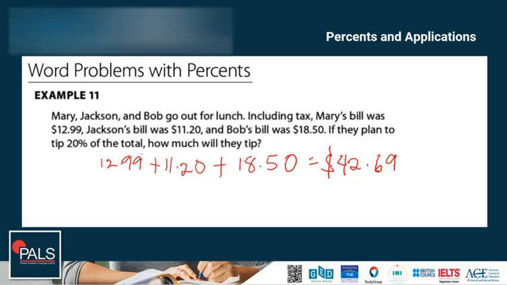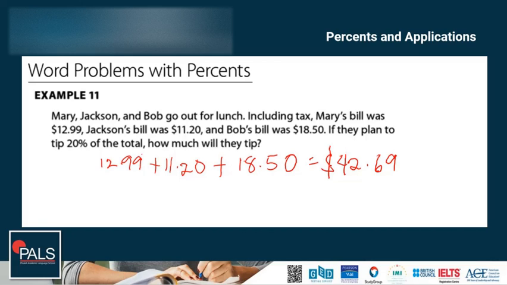The next step is to find the tip. The question states that they wish to tip 20% of the total. From working with percent in the first part of the video, you know that of implies multiplication.